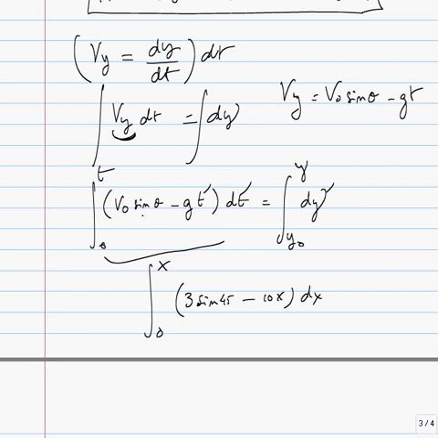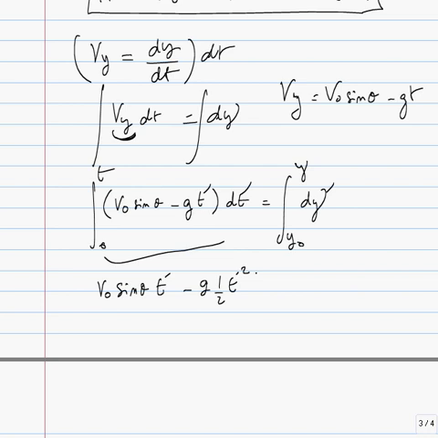The first term will give me v naught sine theta times t. The second term will give me minus g times t to the power of 2 multiplied by 1/2. So let's do it carefully. V naught sine theta times t, then minus g times 1/2 t squared.